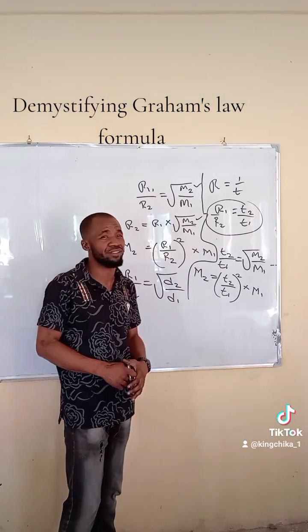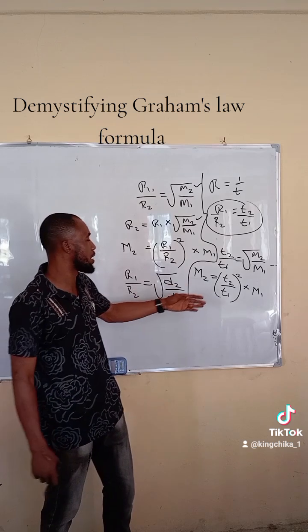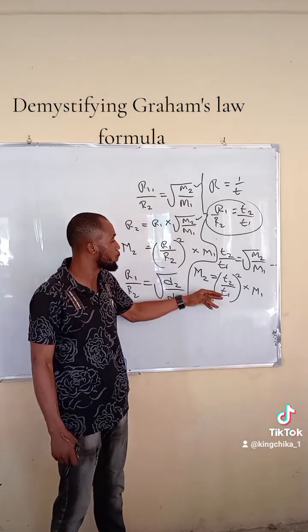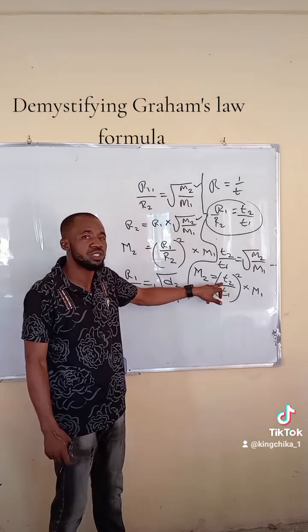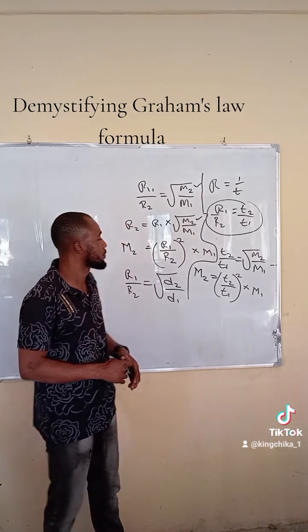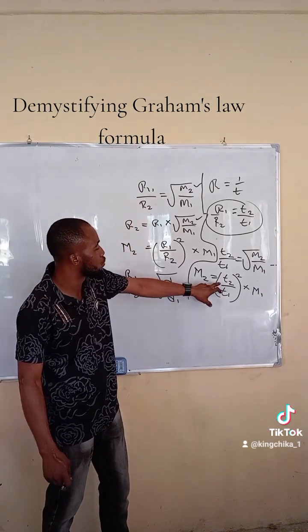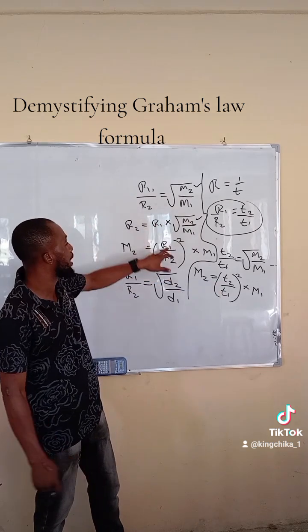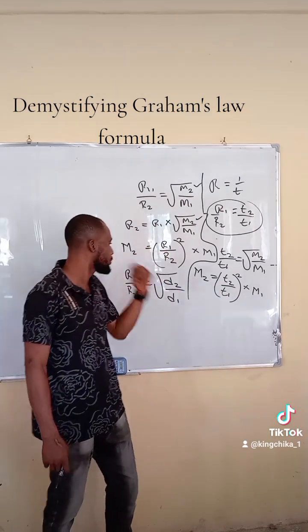You definitely get a wrong answer. Even some textbooks, you see them making this mistake. Where they should put T2, they will go and put T1 there and bring T2 to this place. You will definitely make a mistake. So it has to be T2 all over T1, unlike R1 all over R2.